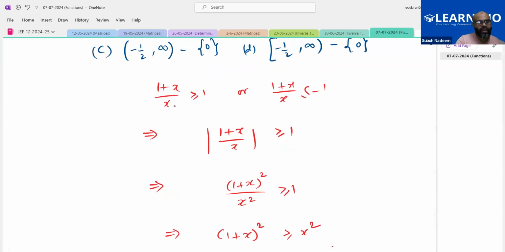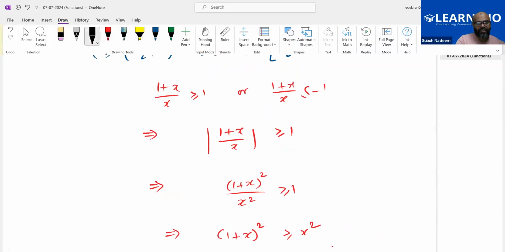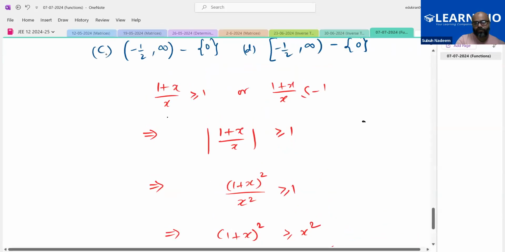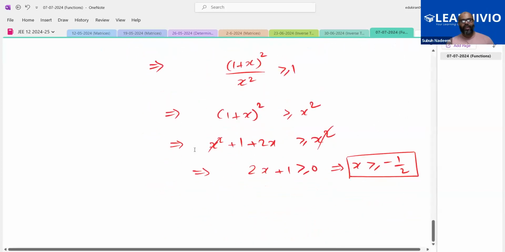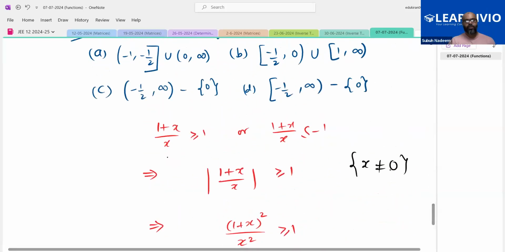One thing also we have to keep in mind is that x cannot be equal to 0 because it is in the denominator. So it is x greater than or equal to minus 1 by 2 except 0. So in that case, our answer will be option D.